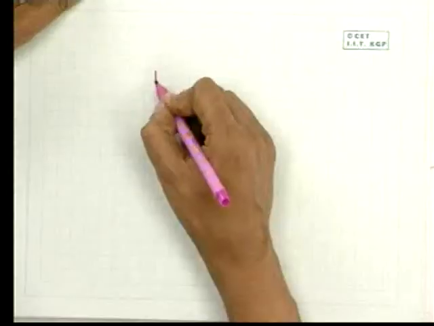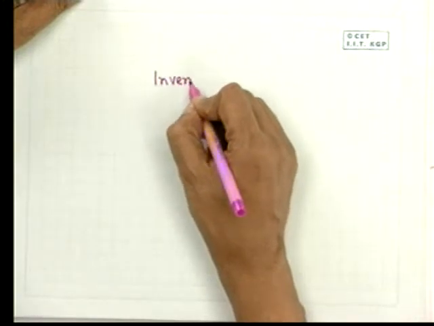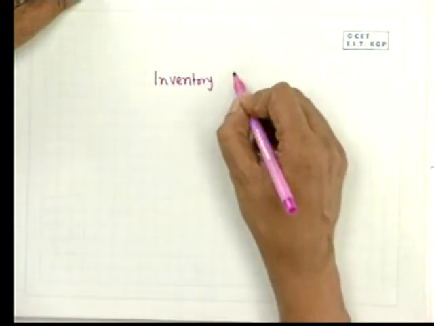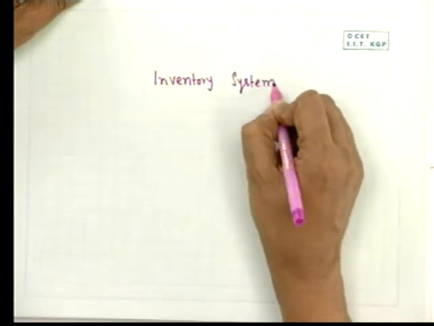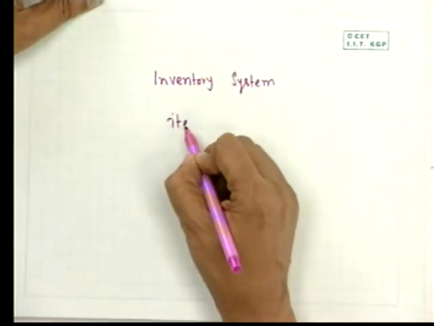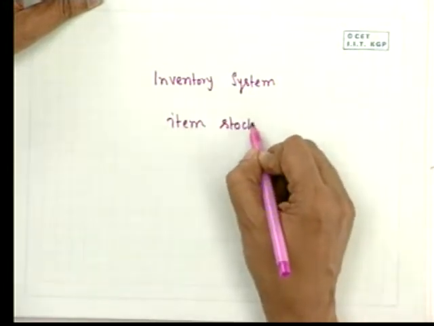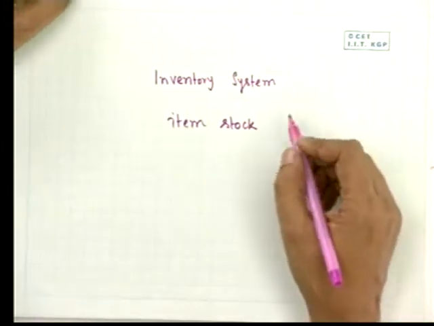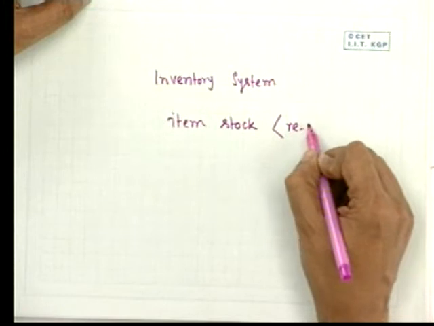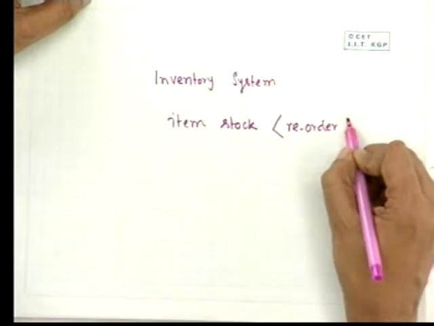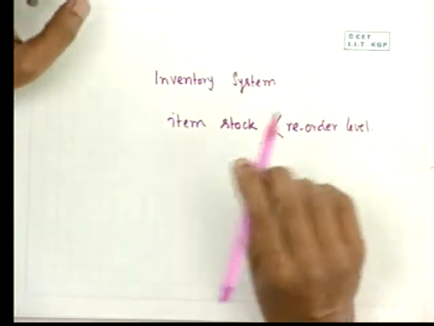Similarly, when we are trying to develop an inventory management system, we know that when the stock of a particular item falls below a particular level, which is sometimes called the reorder level, then it is necessary to place a new order for that stock.